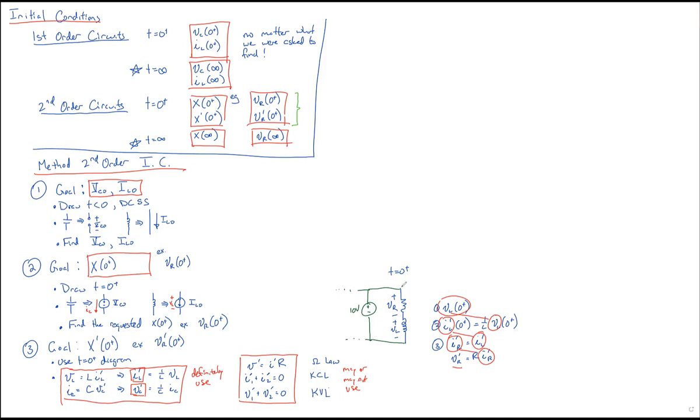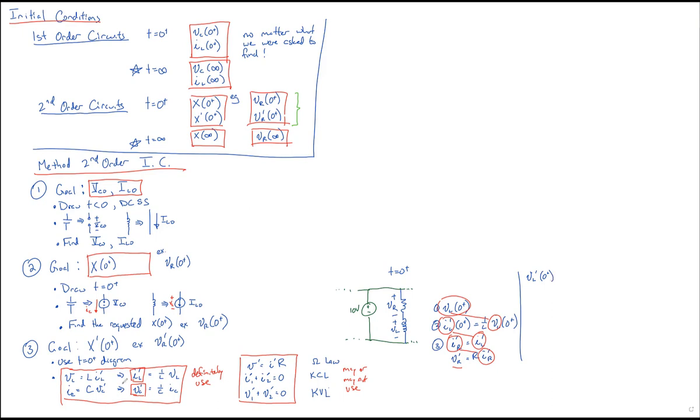Maybe it's got more stuff over here and more stuff over here. Let's say we're asked to find what is the voltage across the inductor. That's something new. And if we find that, it's not hard to find V sub L at 0 plus. That's step 2. We've done that before. But it means we also must find V sub L prime at 0 plus.